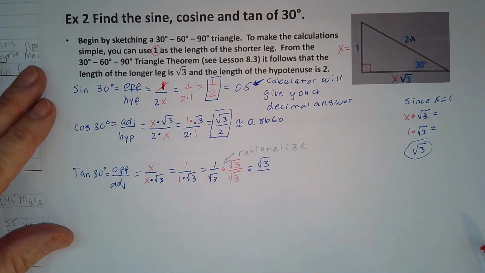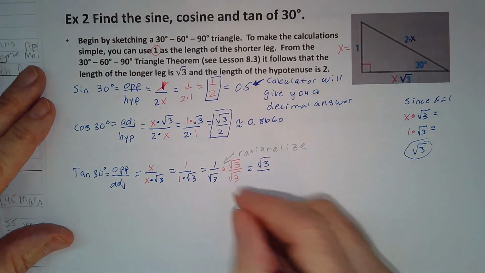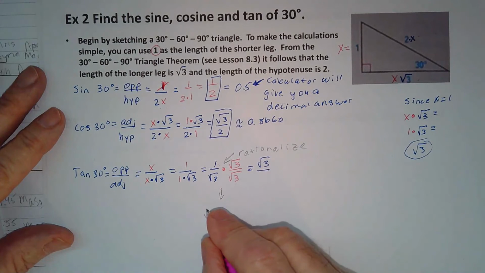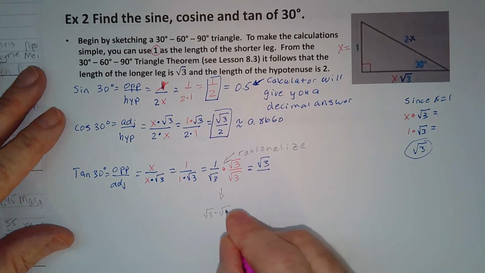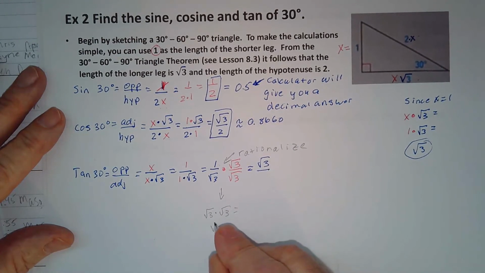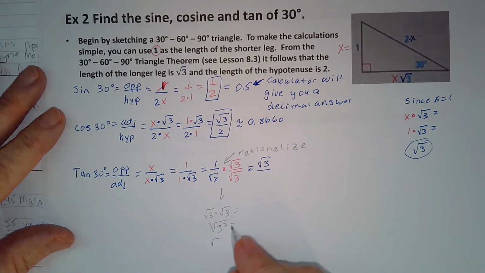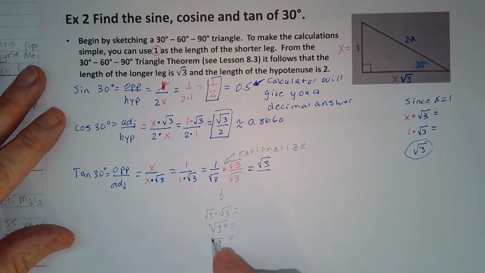And then remember this down here, square root of 3 times the square root of 3 equals square root of 3 squared. And any number squared is the root. Or you could say, square root of 3 squared, rather, is 9.